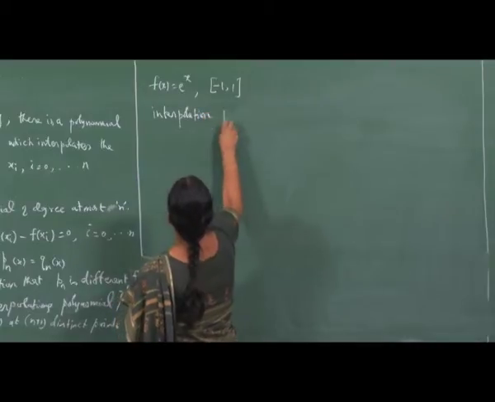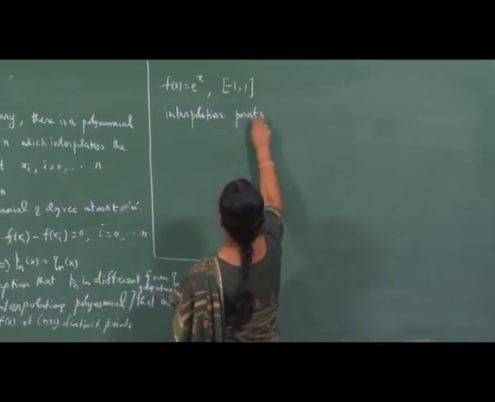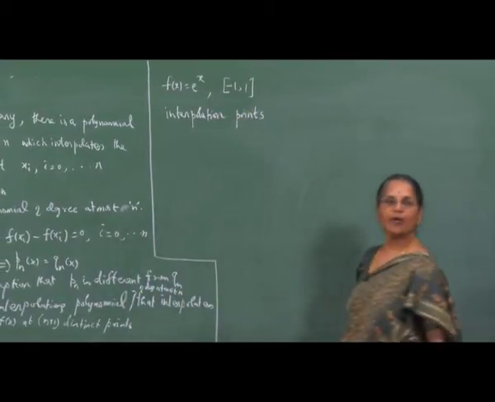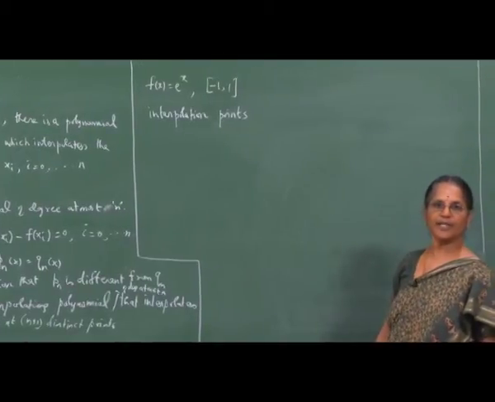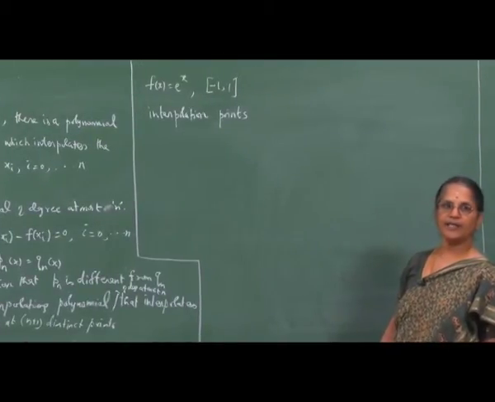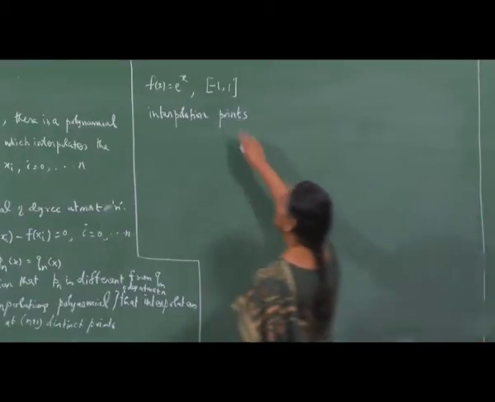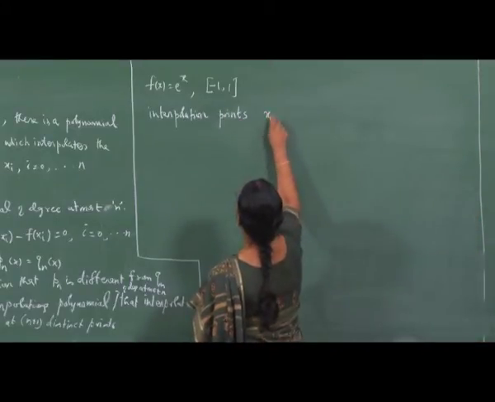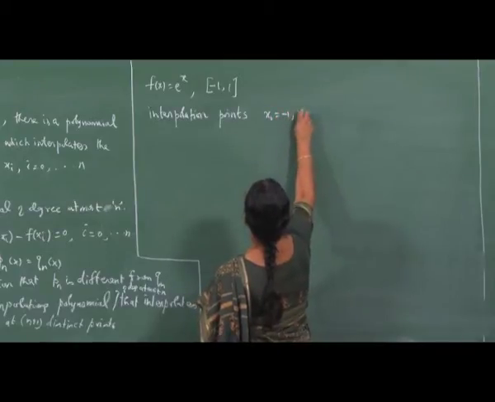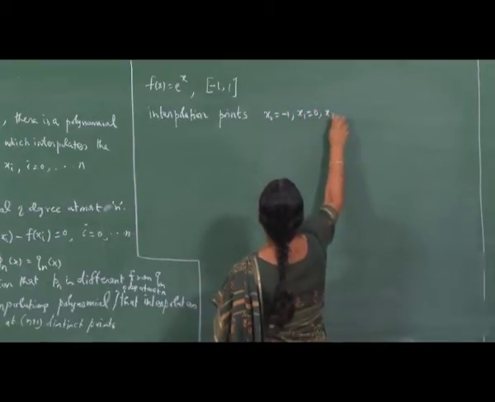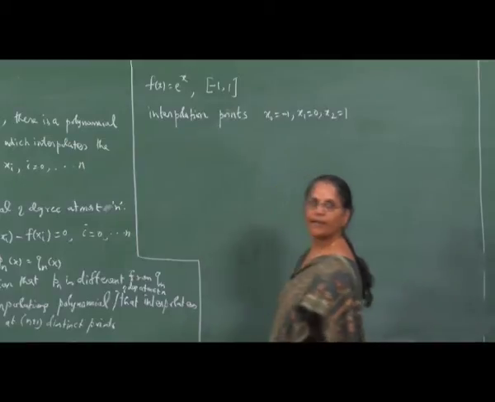How many points should I have if I want to interpolate the function by a quadratic interpolating polynomial? That is a second degree polynomial. So, I require 3 interpolation points. So, the interpolation points are say x naught equal to -1, x1 equal to 0 and x2 equal to 1.